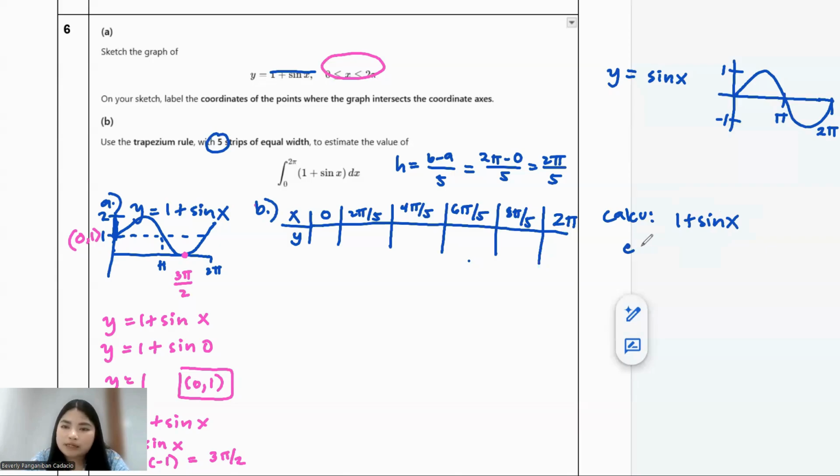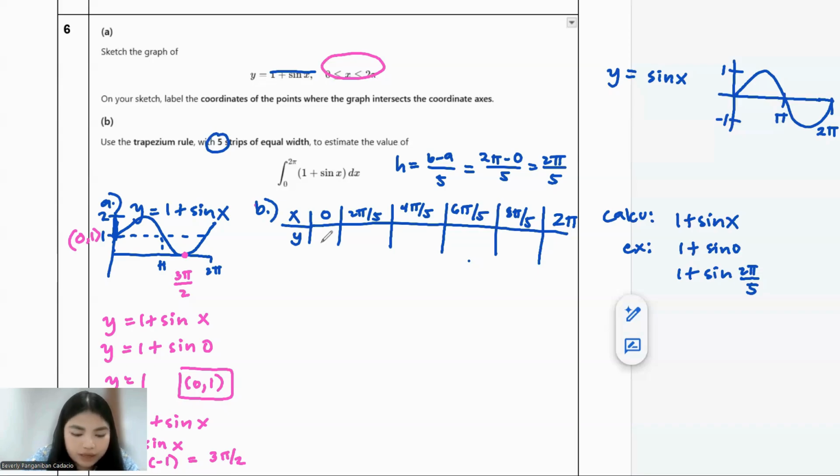For example, 1 plus sin 0. That's it. And then another example is 1 plus sin 2 pi over 5. And that's it. You're going to continue. You can just go directly in putting in the calculator. And I think I'll just go with 4 decimal places.